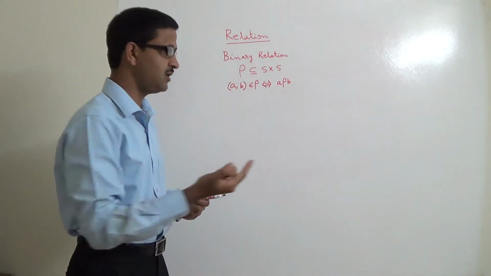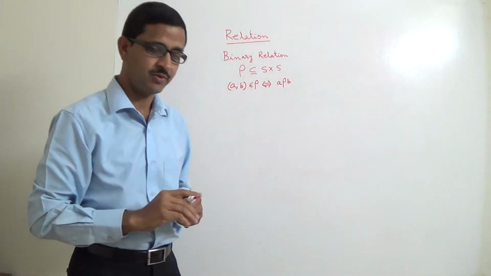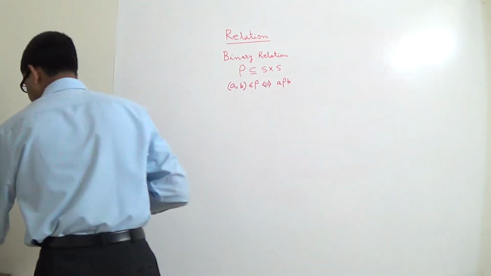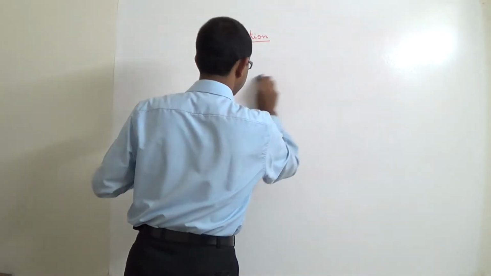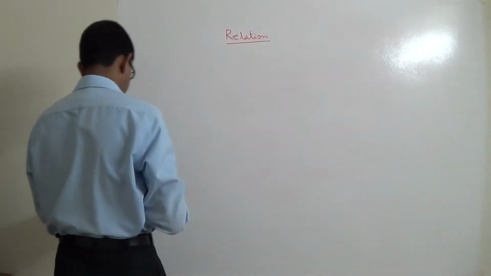And the other way, if A rho B holds true, then (A, B) belongs to rho. Now we are going to discuss reflexive, symmetric, and transitive relations.